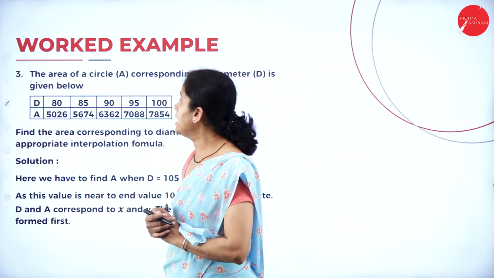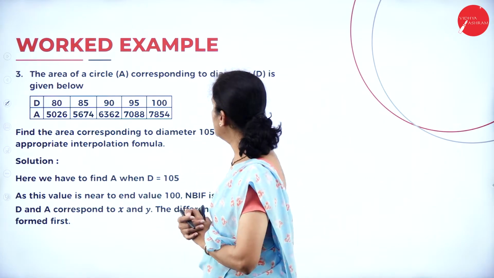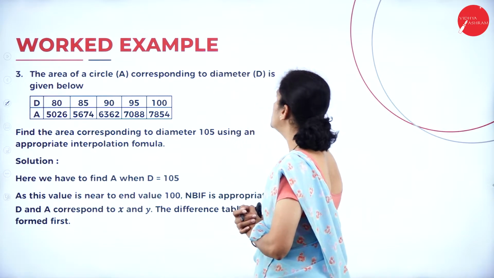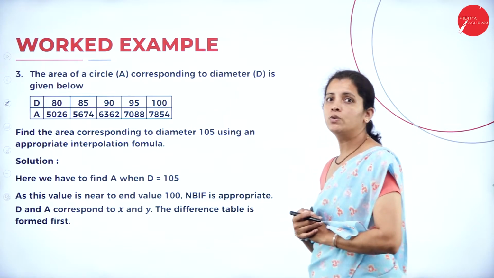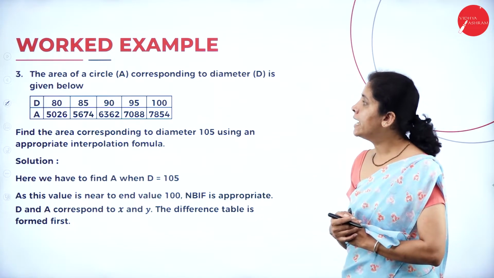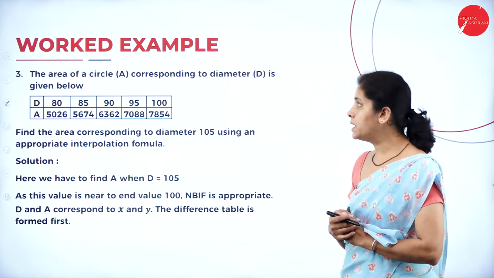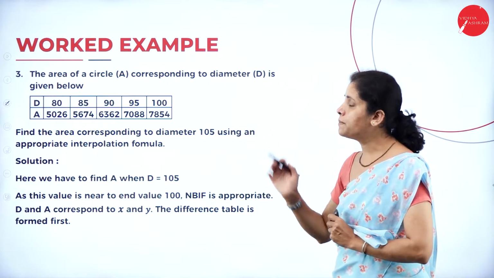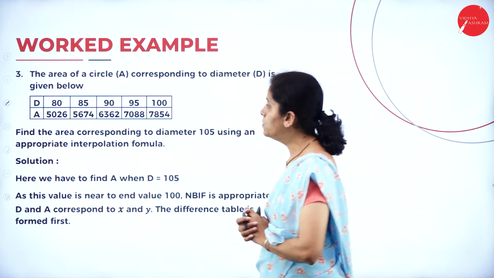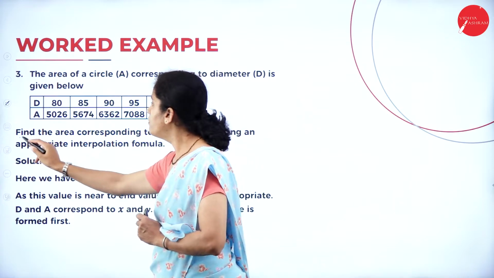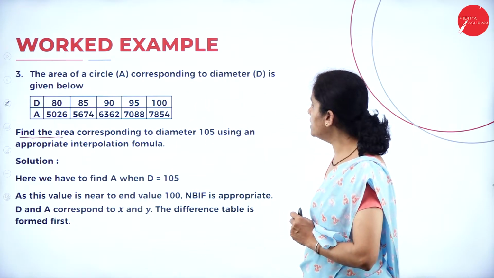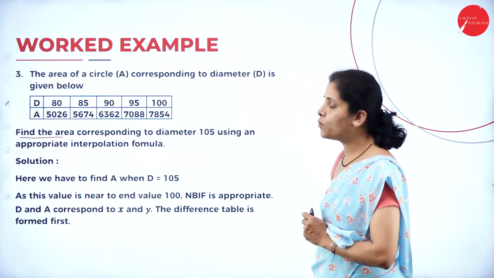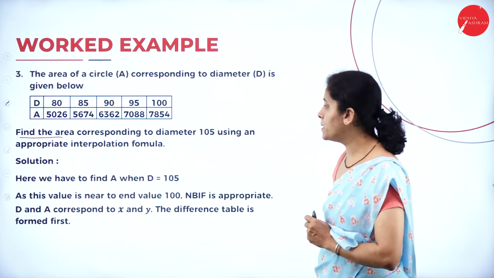Now, dear student, let me consider another example here. See, the area of a circle corresponding to diameter d is given below. So, in the question, I have the circle as well as the diameter. Now, okay, find the area corresponding to diameter 105 using an appropriate interpolation formula.